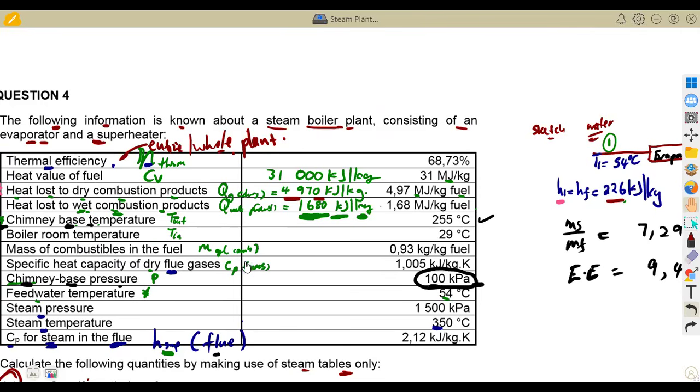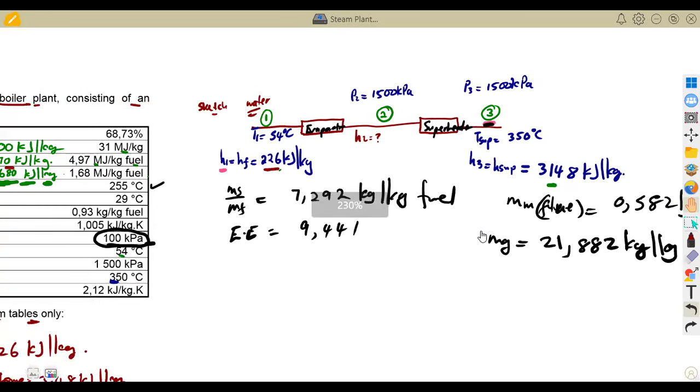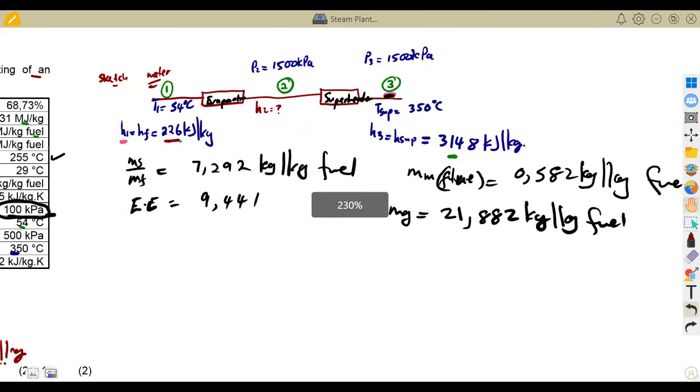So if we talk about the total mass that is entering, that is affecting this flue, we've got two things there: the flue that is wet, which is moist, and the flue that is dry. Then we consider the air and the fuel, the mass of air to the mass of fuel.